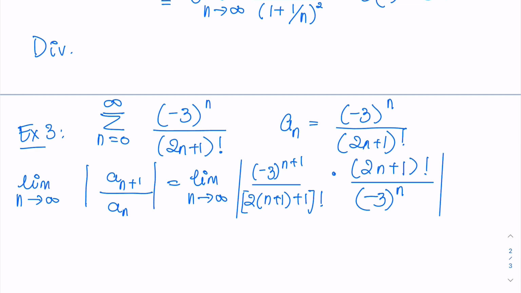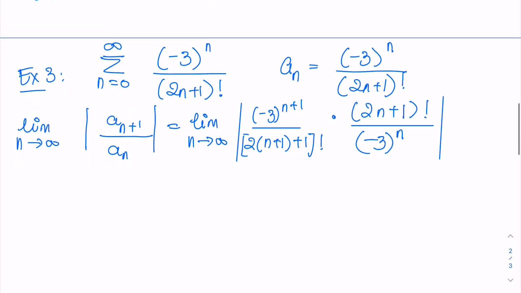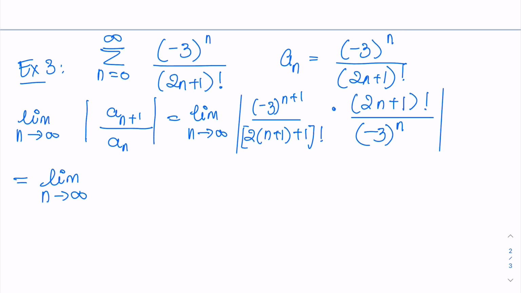So when I simplify, on top, I still have negative 3 to the first power, which is negative 3. Now, to simplify the factorial, you can see that the 2n plus 1 factorial is going to cancel out. So we end up on the bottom with 2n plus 3 and 2n plus 2.